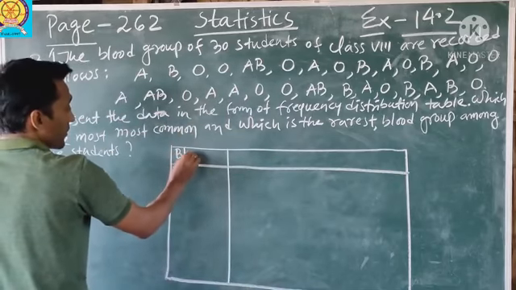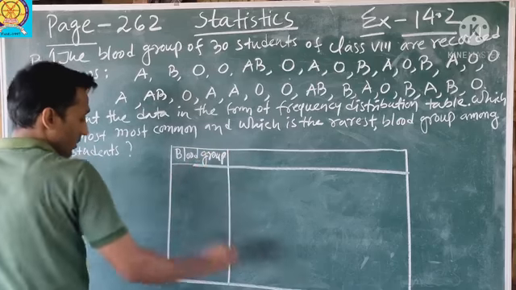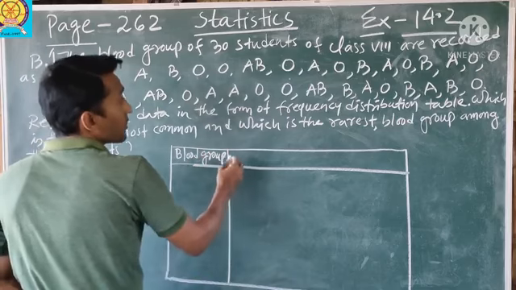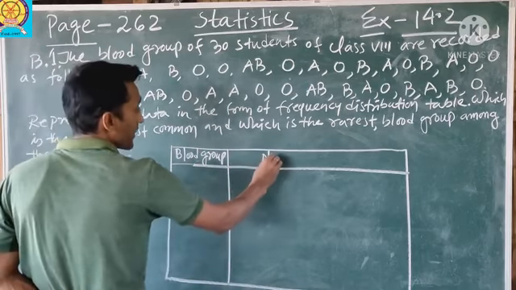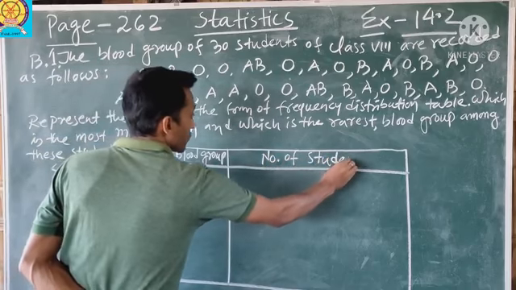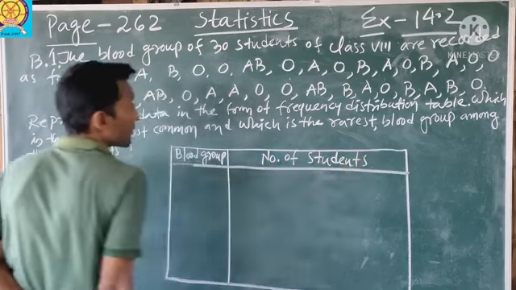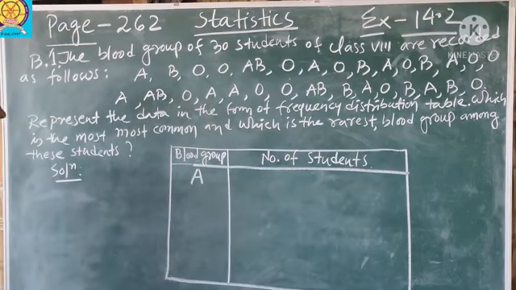Here you write blood group. Then we have to find which group occurs how many times. Here we write number of students.